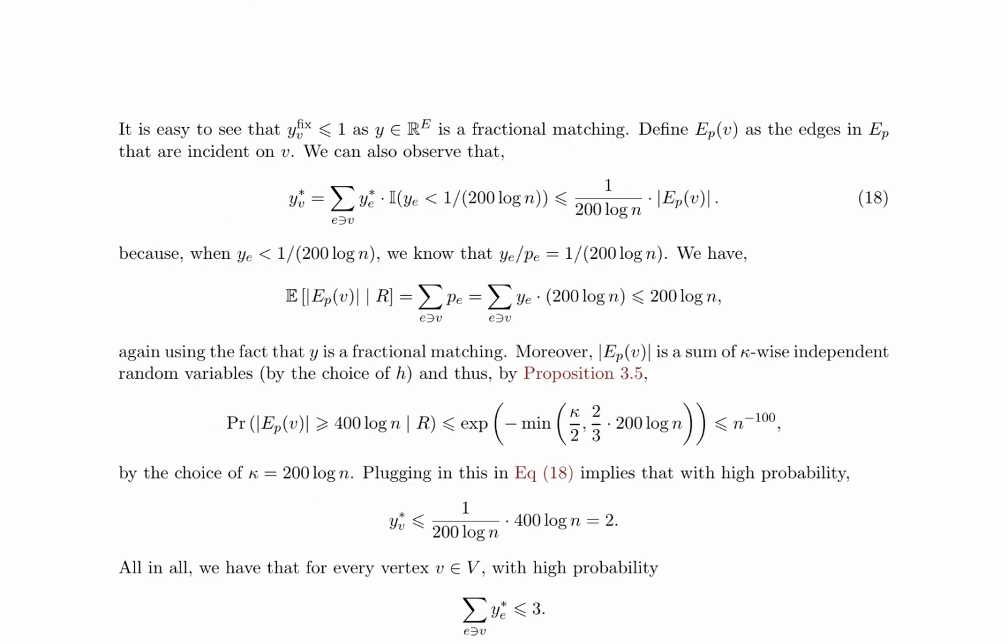The authors establish that y' is a fractional matching with high probability. They define E_P(v) as the edges in E_P incident on vertex v and derive the inequality y_v ≤ (1/(200 log n)) · |E_P(v)| by observing that y_e less than 1/(200 log n) implies y_e p_e equals 1/(200 log n).